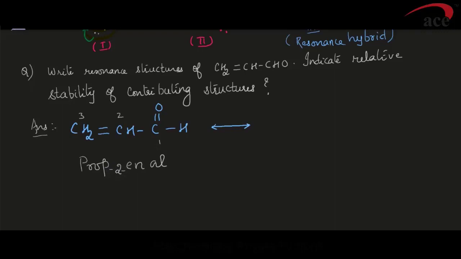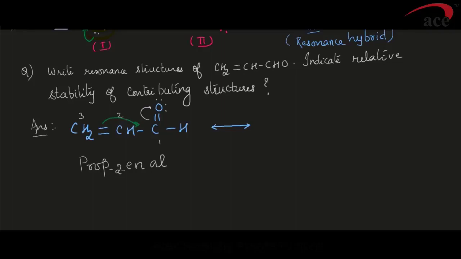So the first thing is, we will show the unshared pairs of valence electrons on the appropriate atoms. Whenever it is a doubly bonded oxygen atom, we know that oxygen has 2 lone pairs. In the first case, if we consider the shift of this pi bond over here, this pi bond will shift here.